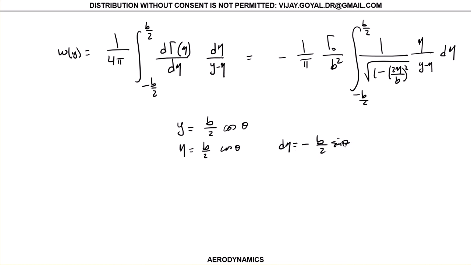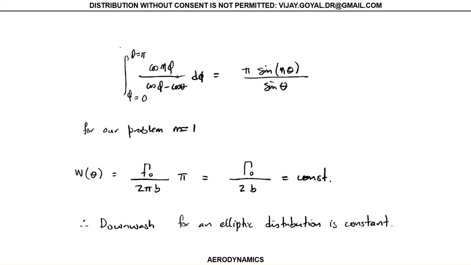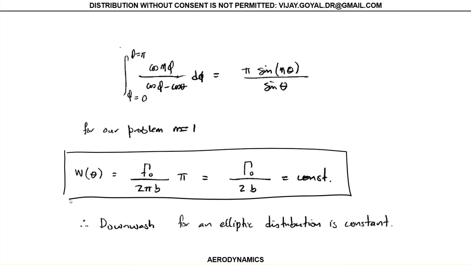And then we can replace everything, plug everything inside. I'm sorry, this is phi. So we can plug everything inside there, and we can show, knowing that this integral is equal to this, that the end equation is what I really care for. This is the expression for downwash velocity for an elliptic distribution.